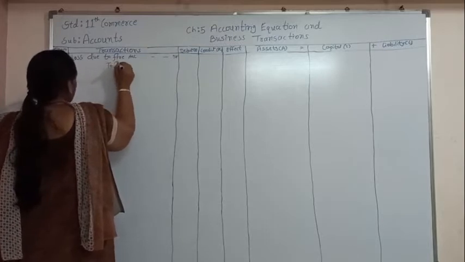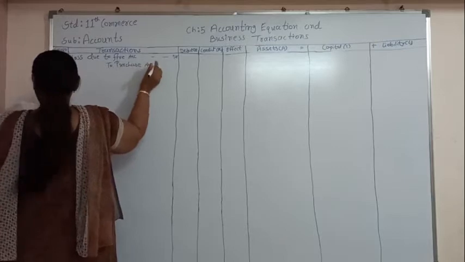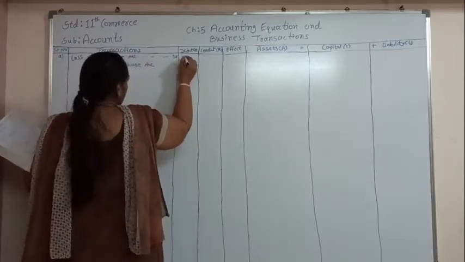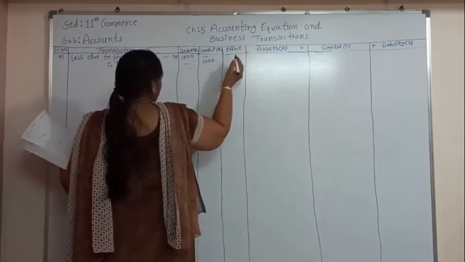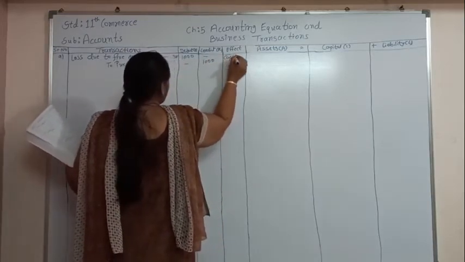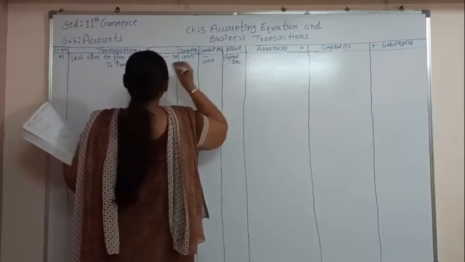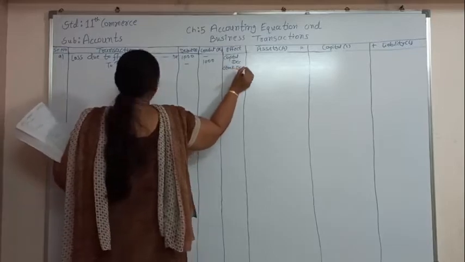To purchase account. Here the amount will be 1,000, and because of this capital is going to be decreased as well as stock is also going to be decreased.